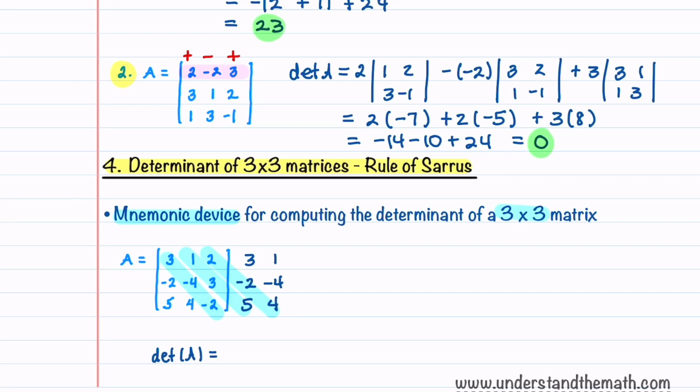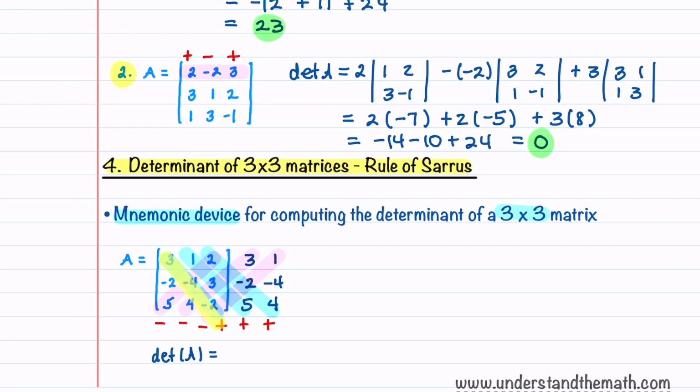We'll then multiply our diagonal elements the other way, starting with the upper right and going to the lower left. The multiplications that I've highlighted in blue get a positive, and the multiplications I've highlighted in pink get a negative.